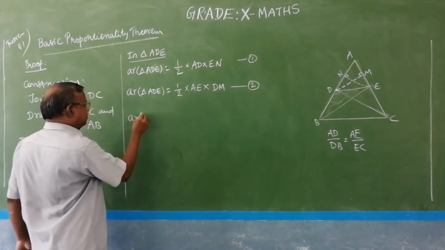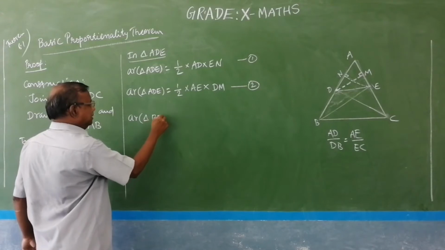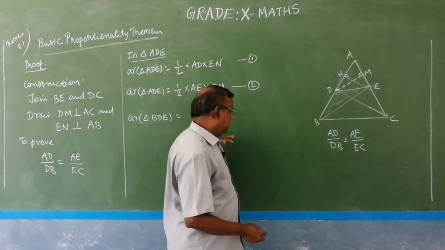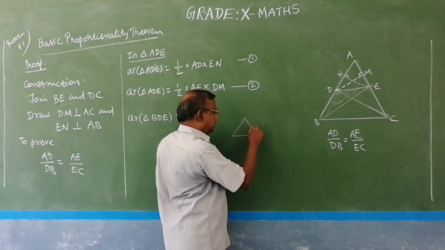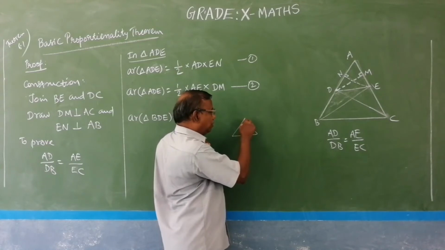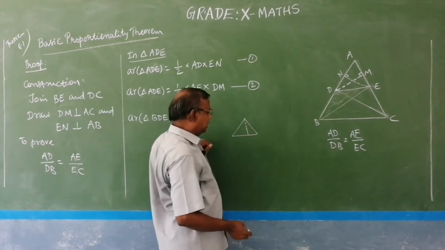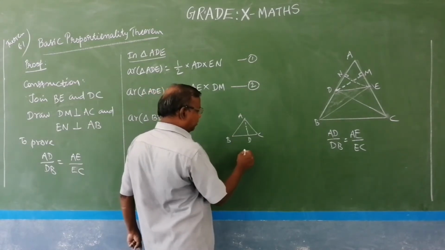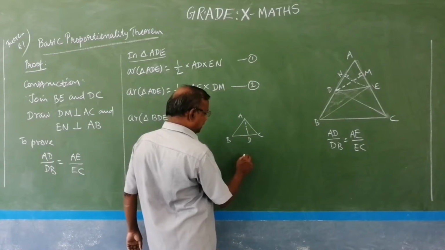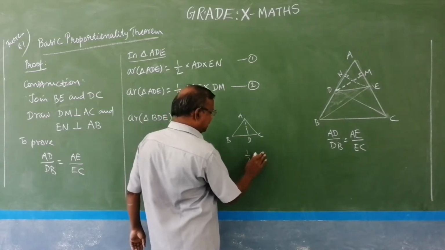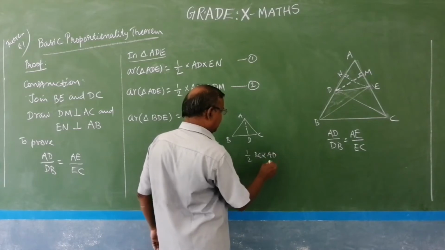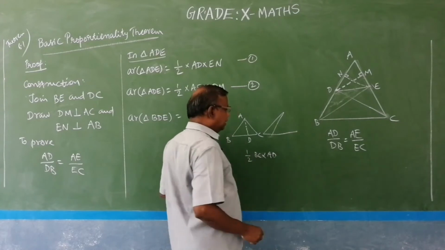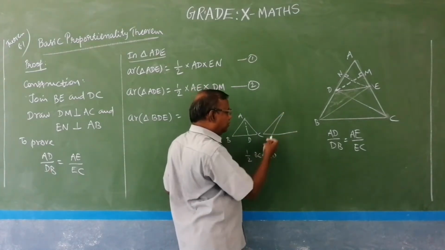The area of triangle BDE. Let us consider this. In a triangle, if you are able to draw the altitude, that is height, within the triangle, say in triangle ABC, AD is the altitude, then the area of the triangle is half into BC into AD. But in a triangle like this, we cannot draw the altitude inside the triangle.